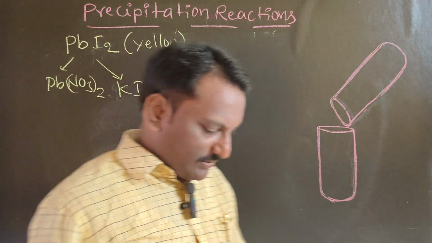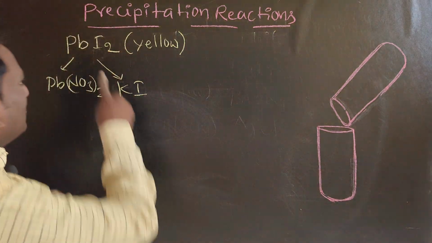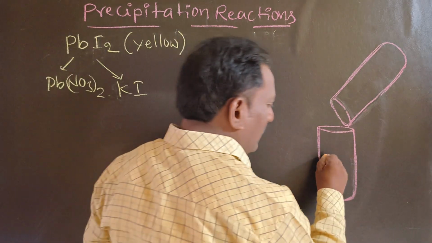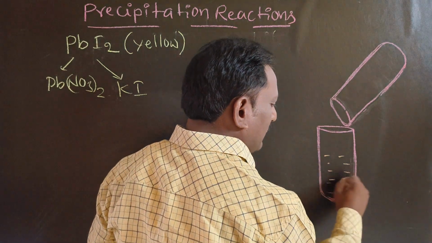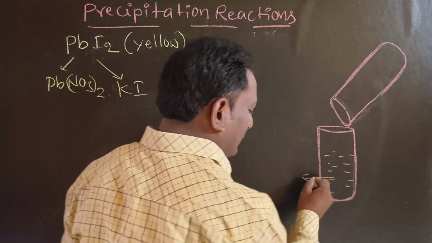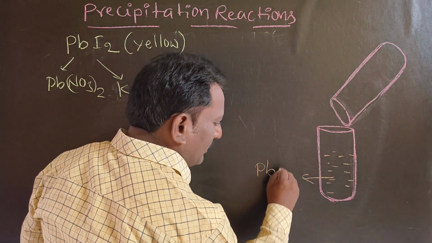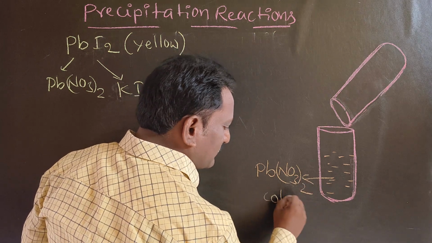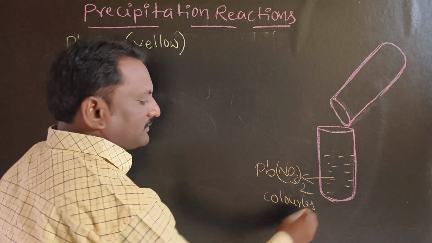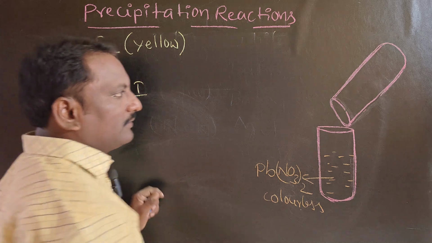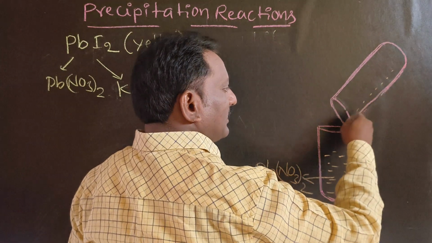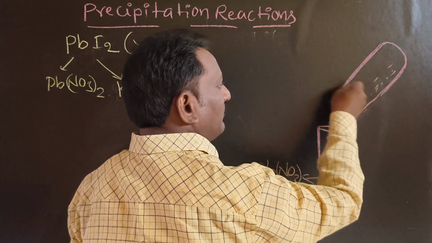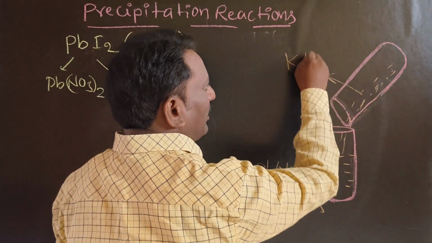To get the yellow precipitate of lead iodide, we take an aqueous solution of lead nitrate in a test tube as shown in the figure, which is a colorless substance. And in another test tube, we take an aqueous solution of potassium iodide.